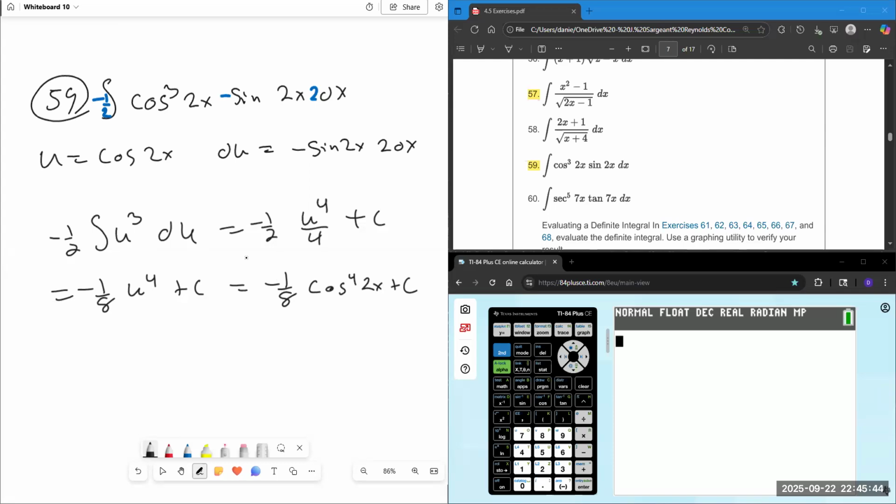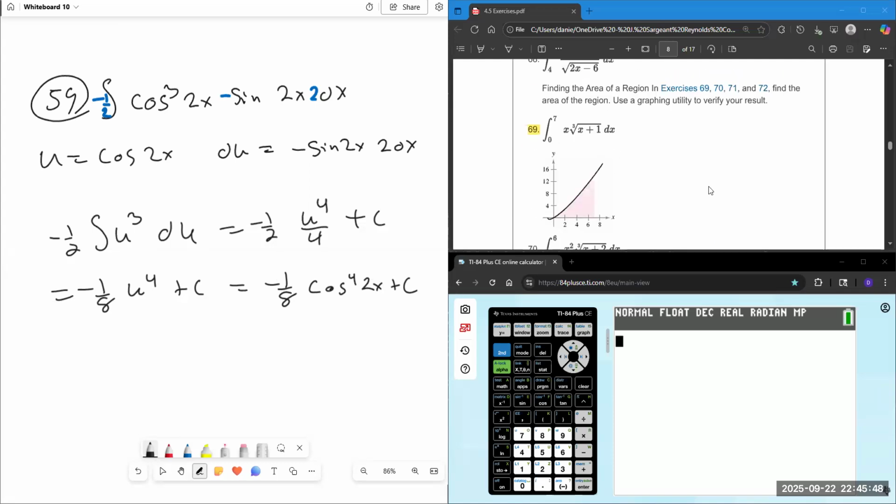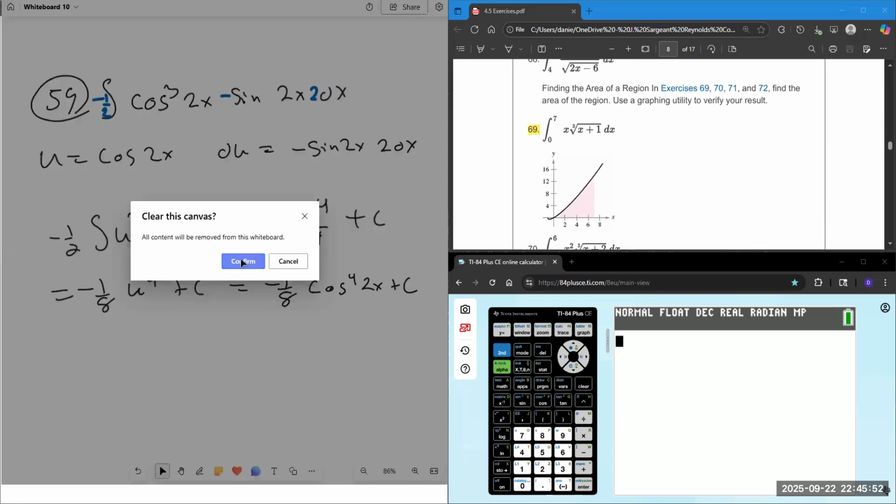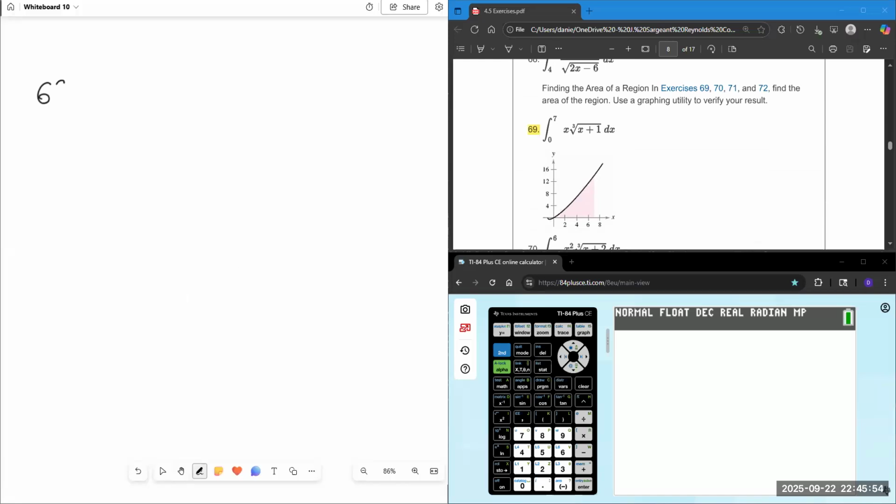Let's look at 69. And 69 asks us to integrate 0 to 7 x cube root x plus 1 dx. So I need to make a u substitution.